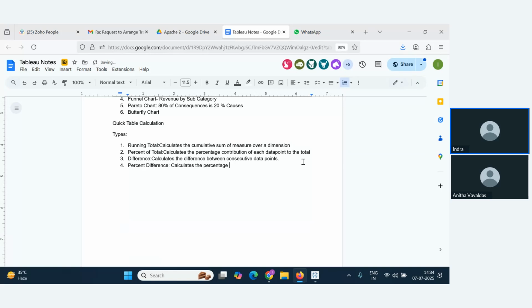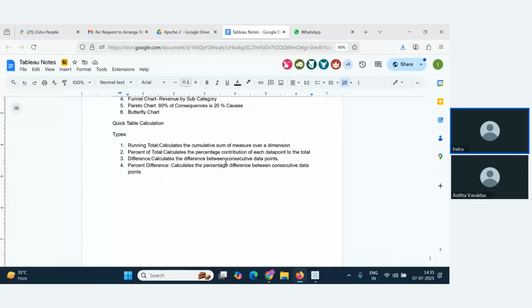It calculates the percentage difference between the consecutive data points. The difference will calculate the difference between the consecutive data points. It also helps you analyze the trend and the variation in the data over time.